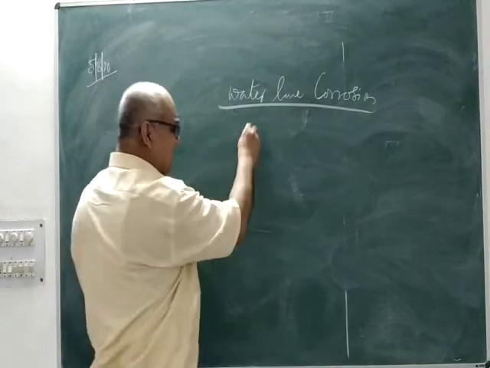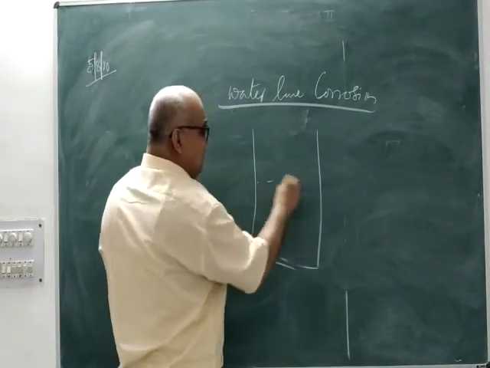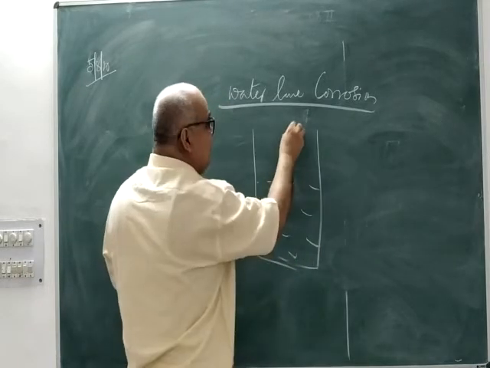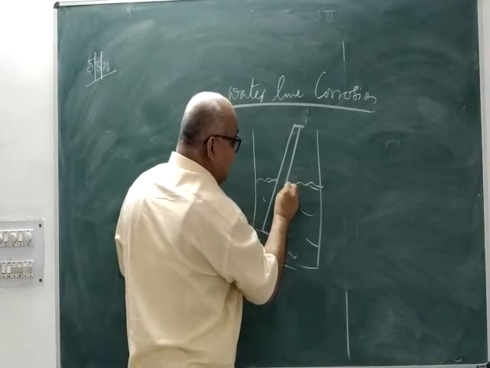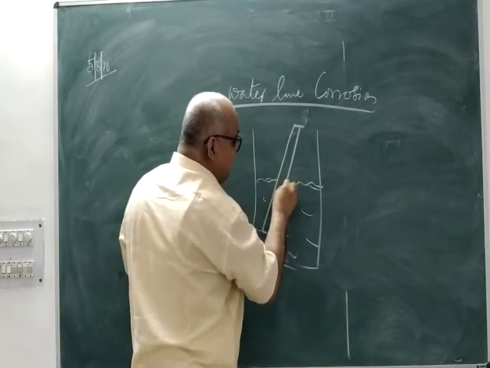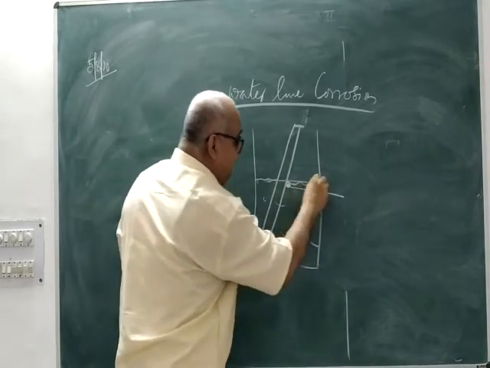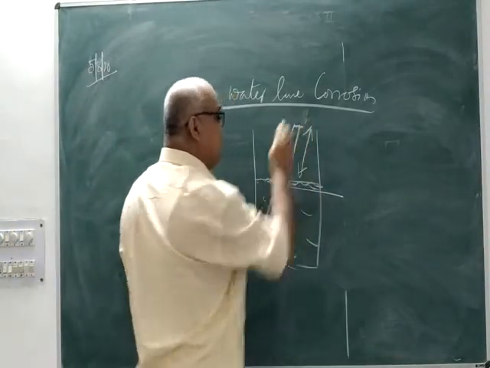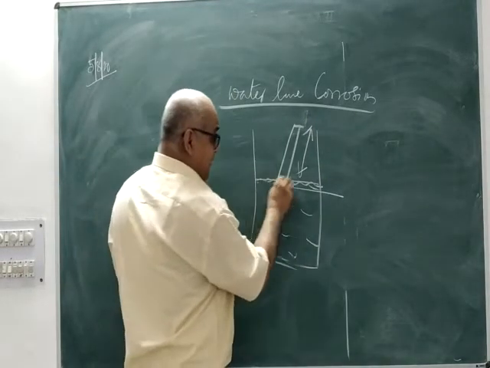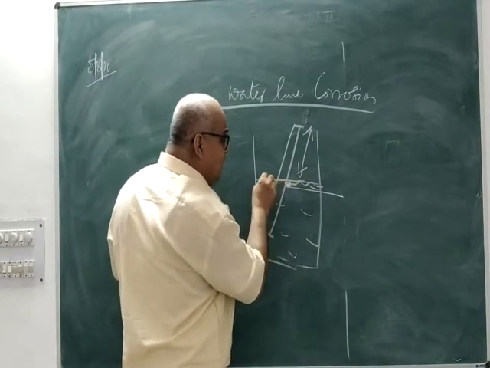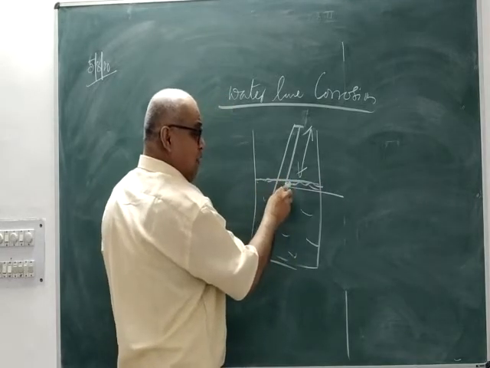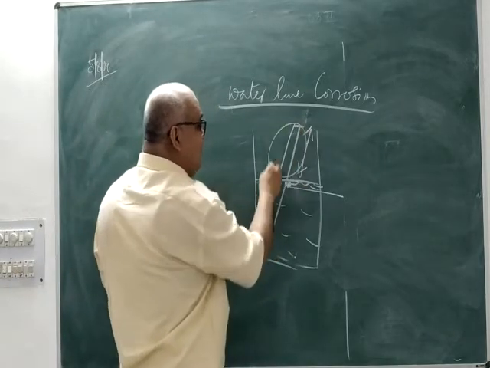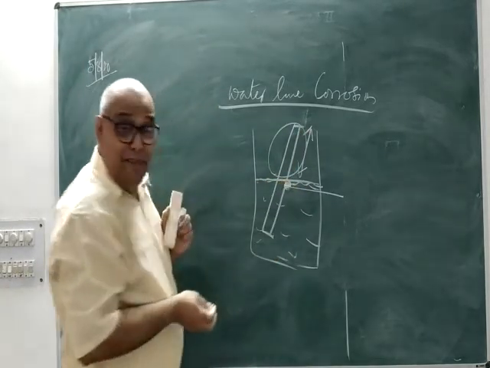Let us take one example. Suppose it is a container, this is water, this is an iron rod. Now you see, this part is immersed under water, and this part is above water in contact with air, and therefore the part just below the water level will have less oxygen content compared to this area, and therefore this part will become very, very active.